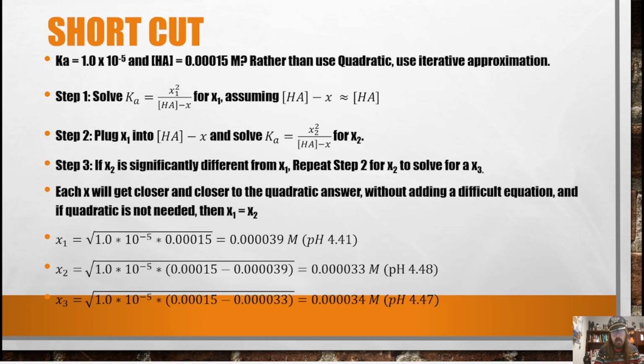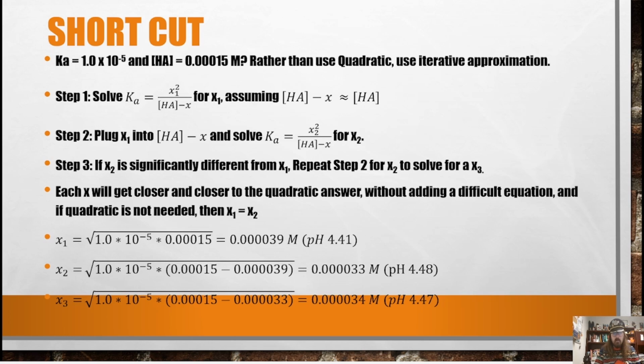And as Ka and HA approach similar sizes, the changes will be more significant. Now, with that in mind, we take that x and plug it into our equation for HA minus x. So we figure out how much the HA will have dissociated based on that first pass, and resolve for our x squared. Once we resolve for x squared, we find our new x.